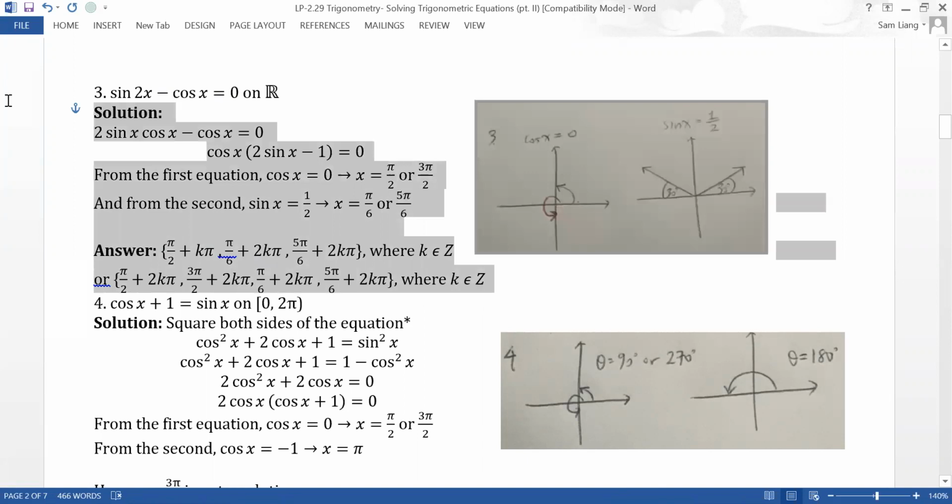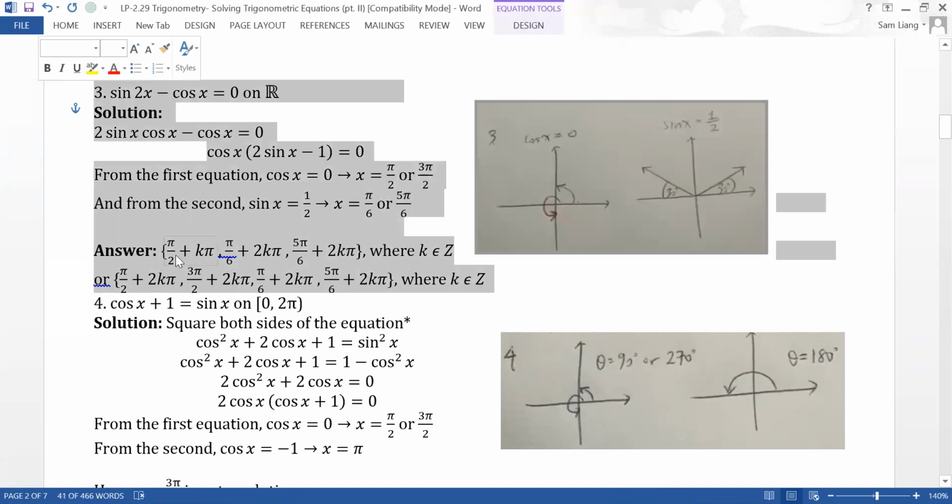I know this was new, just combining two different sets. Can you explain how you combine the two answers again? Yeah. So normally we would have pi over 2 plus 2k pi and 3 pi over 2 plus 2k pi.